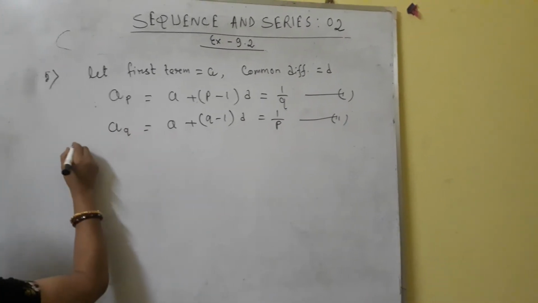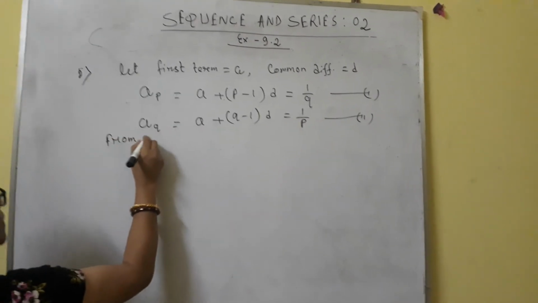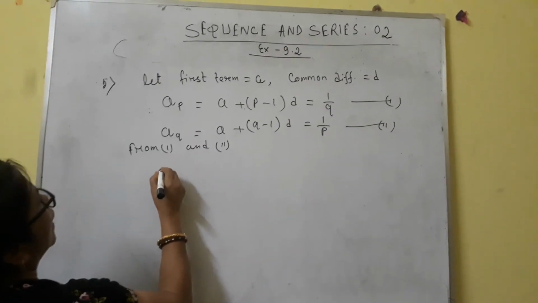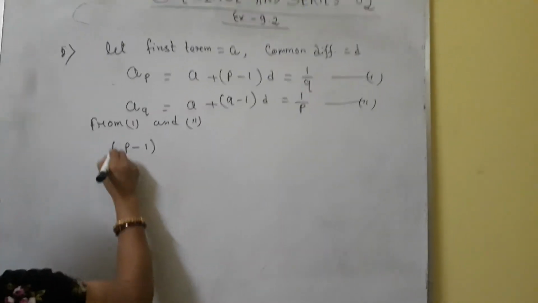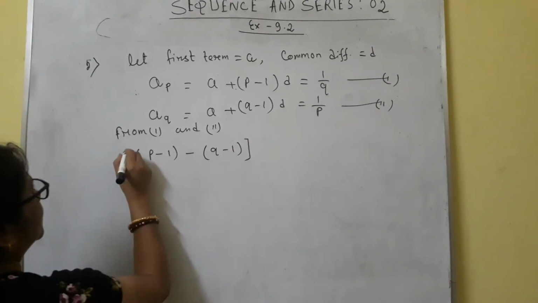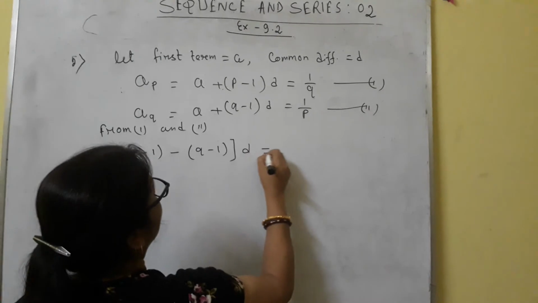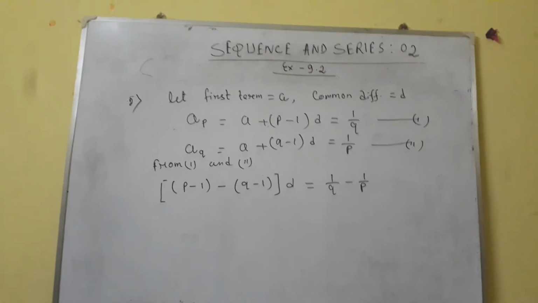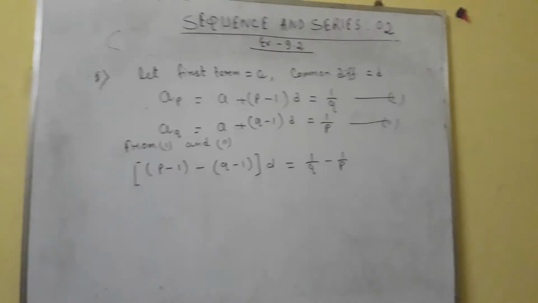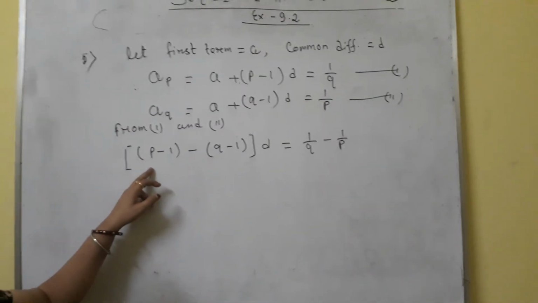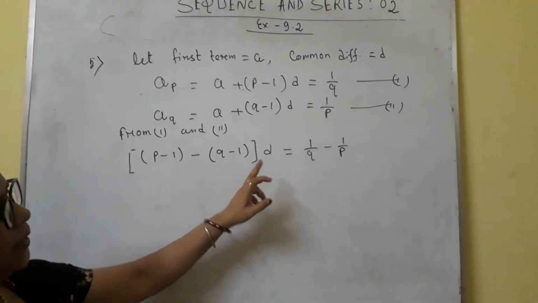Subtracting equation 2 from equation 1, we get ((P minus 1) minus (Q minus 1)) into D equals 1 by Q minus 1 by P. Simplify.